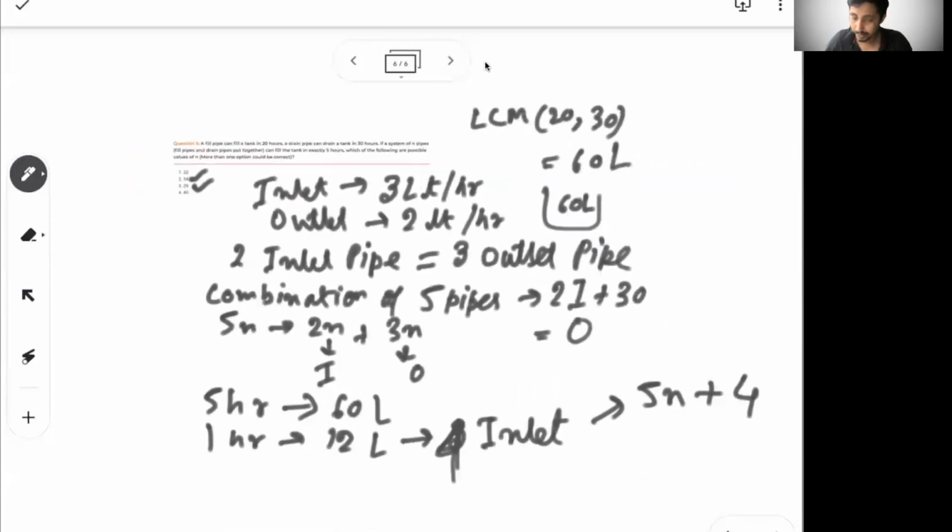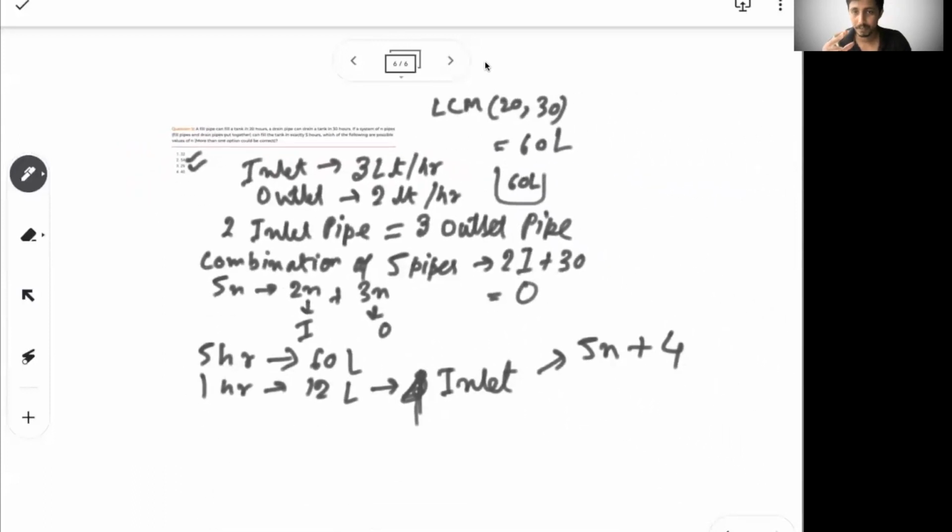So what we are trying to do here is create a combination of pipes first, which nullify each other, and then see how much extra of which pipe we need to fill the tank in 5 hours. To fill the tank in 5 hours, I need uninterrupted 4 inlet pipes, whose work should not get nullified.